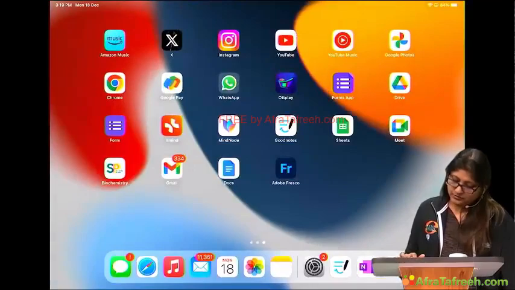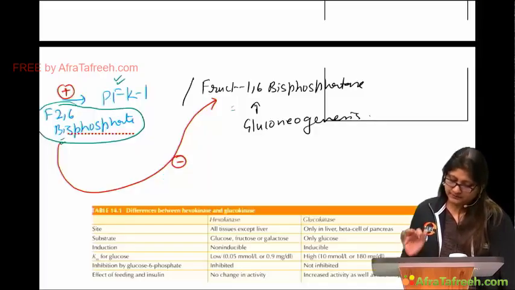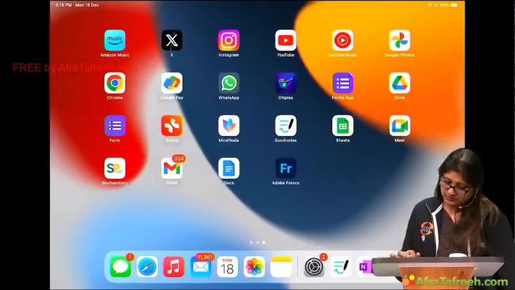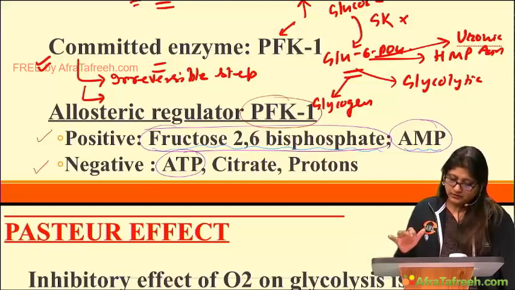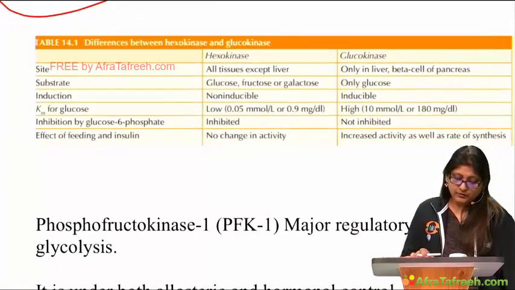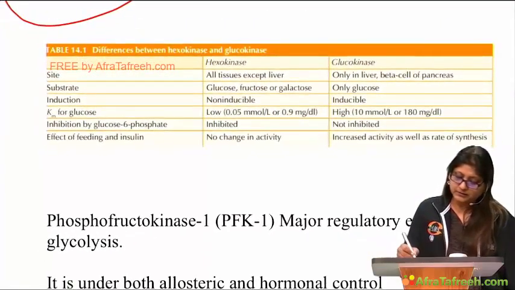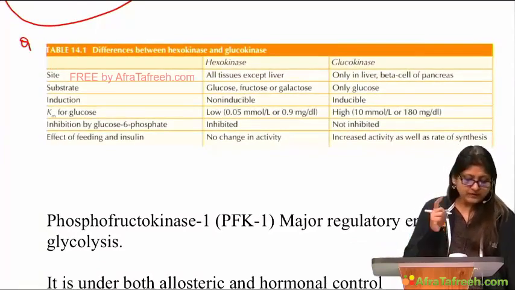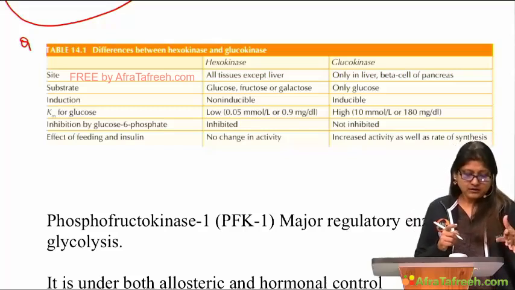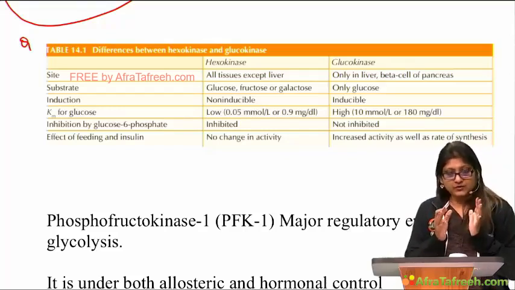Now coming to the next aspect. You have got this table in your workbook. You see, this is a very, very important table which talks about the difference between hexokinase and glucokinase.